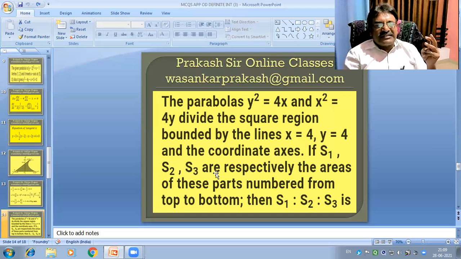If S1, S2, S3 are respectively the areas of these parts, numbered from top to bottom, then S1 is to S2 is to S3.